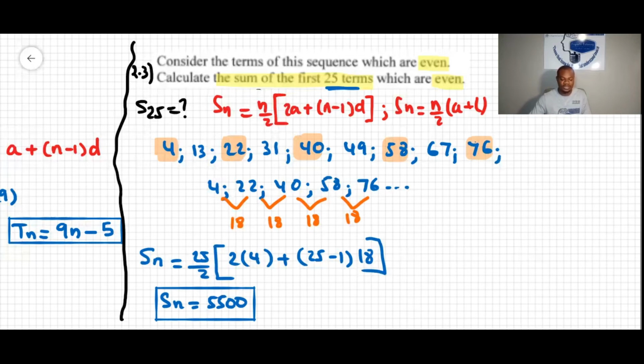The last term we know is Tn, right? Tn is given by a plus n minus 1 times d. So the last term Tn will be T25, which is a, the first term, 4, plus n minus 1, n is 25, minus 1, times d, the constant difference, which is 18.